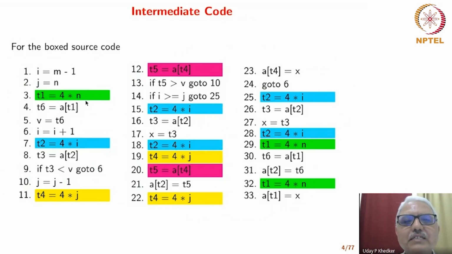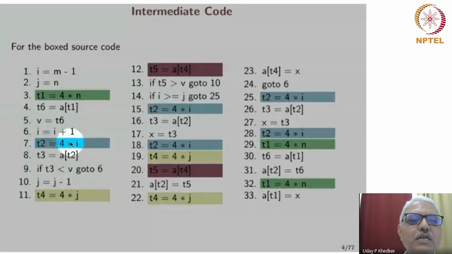As you can see, there are certain colors on the screen. If you observe closely, you will see that these colors essentially represent the same expression. So this light blue color shows the expression 4 * i being computed in temporary t2. Here also t2 = 4 * i.